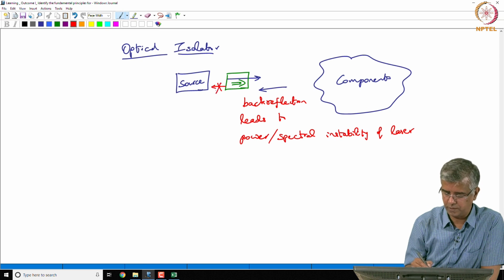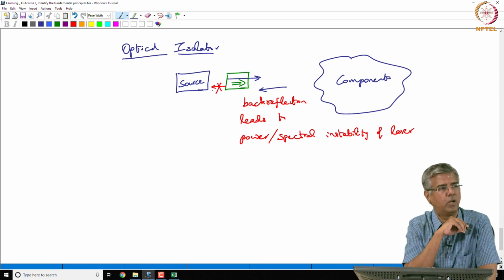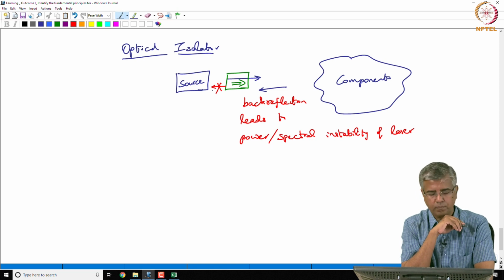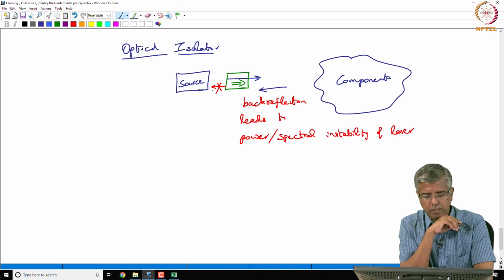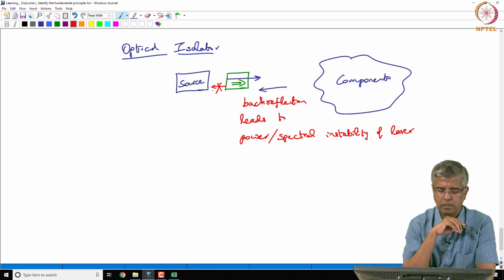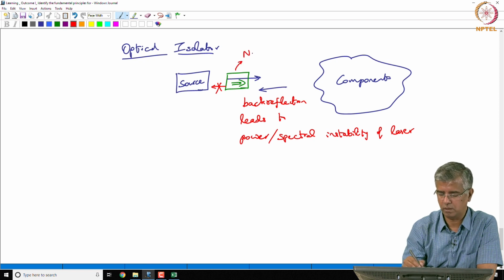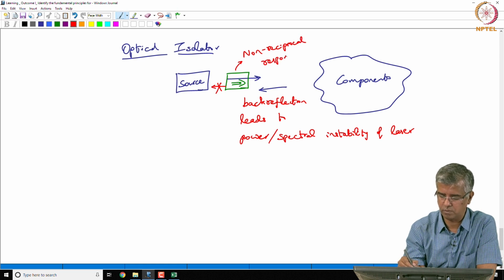So, whatever component here, it should block, whatever component coming back, it should block that. Okay. So, that essentially means that this component, which we will call an isolator, will need to exhibit a non-reciprocal response.